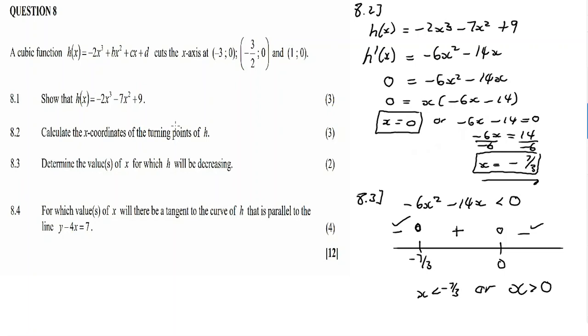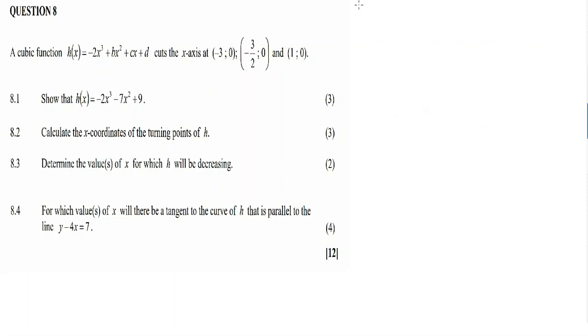Now let's go to 8.4. For which values of x will there be a tangent to the curve of h that is parallel to this function? So the function y minus 4x equal to 7. In standard form, it gives y equals 4x plus 7.